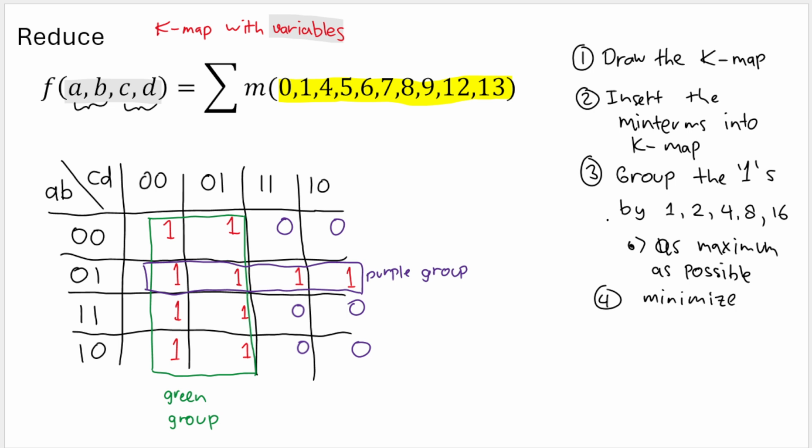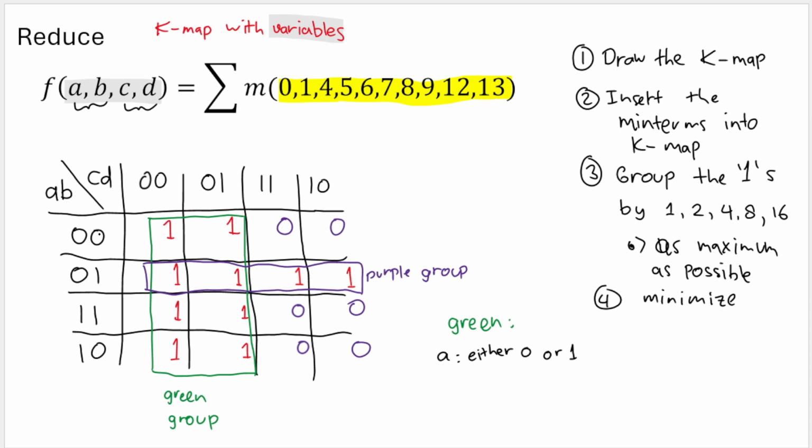Let's see what can we get from here. Okay, on the green group, what can we get? We have A here. A is this column here. A can be either 0 or 1. And then what else?